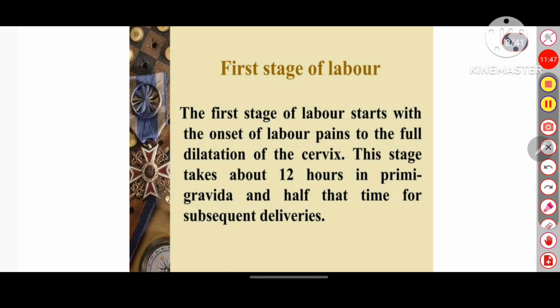In the question you have seen that they have asked about the physiological changes that occur in the first stage of labor. We'll see what they are. The first stage of labor starts with the onset of labor pains till the full dilatation of the cervix, and I already told you it is about 12 hours in a primigravida and half the time in subsequent deliveries.